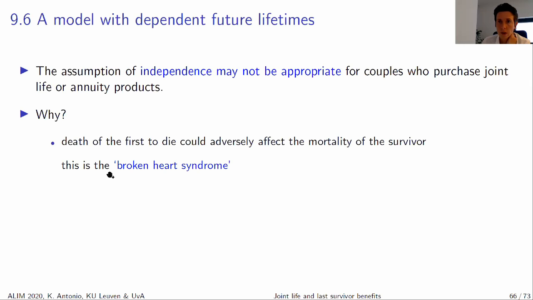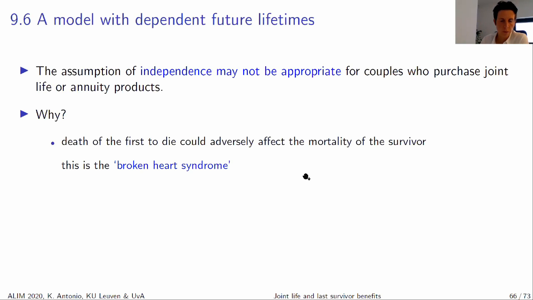This is known in the literature as the broken heart syndrome, meaning that if you follow 2 partners, right after the first death, there is an adverse impact on the mortality of the survivor. And so the partner then dies or can possibly die because of a broken heart, so to say.